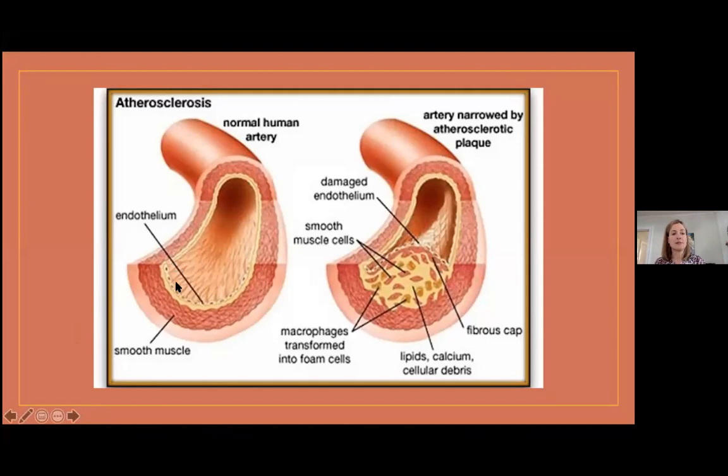One of the things that researchers have been talking about a lot that I really wanted to point out was something called the endothelium. And the endothelium is just this really, really thin layer of cells. It's just a single cell thick that lines the inside of the artery. And these cells are really, really important. They protect the artery.